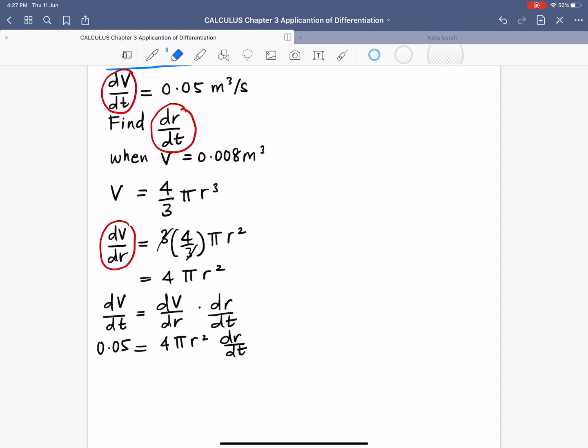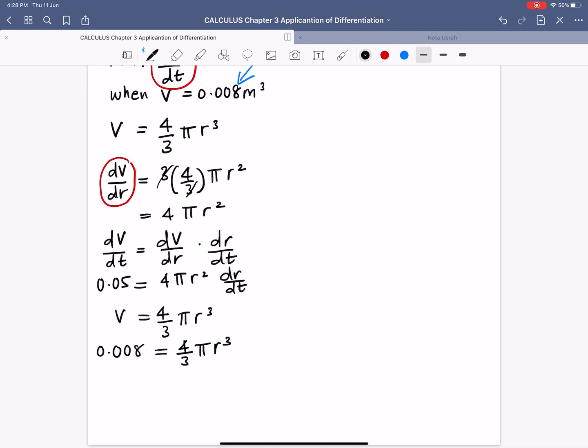We know the formula for volume is 4 over 3 pi r cubed, and given that the volume is 0.008, we can find r.